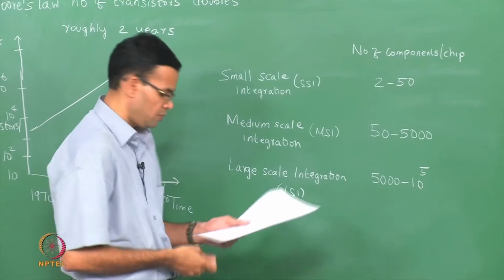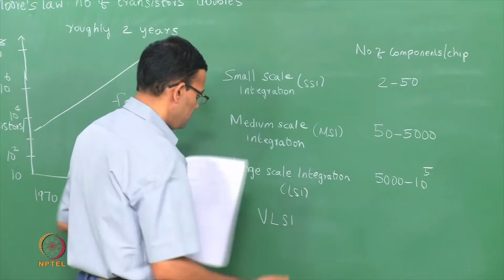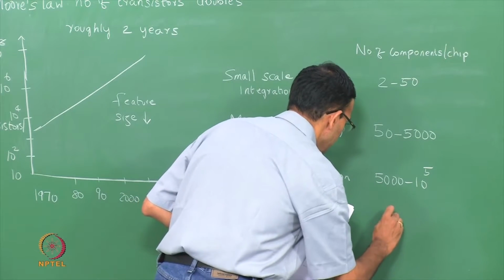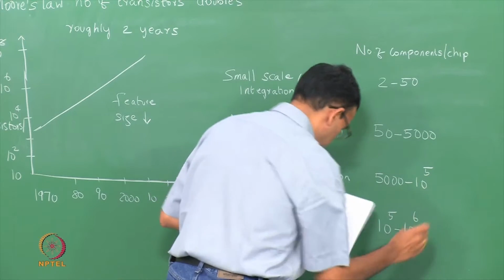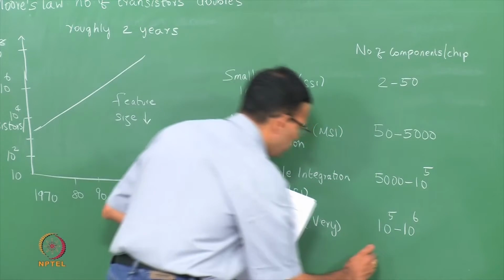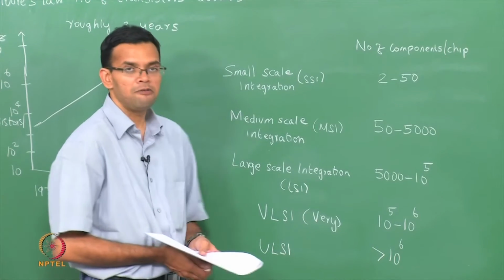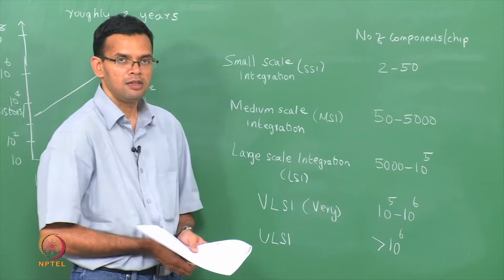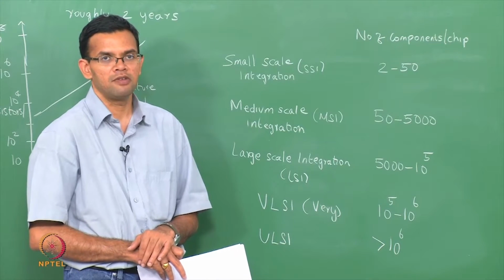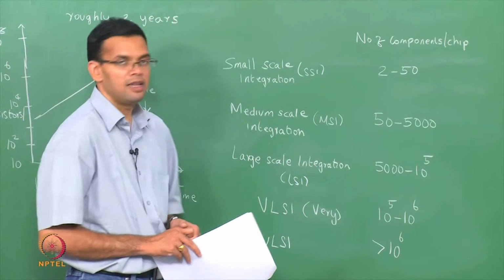So, from LSI you can go to very large scale integration. So, VLSI. It's 10 to the 5 to 10 to the 6, and after that you have ultra large scale integration, where the number of transistors is greater than 10 to the 6. Currently, if you look at any of the chips made by Intel, the number of transistors would be above 10 to the 6, it will be close to 10 to the 7 or 10 to the 8. So, you are already way beyond the ultra large scale integration limit.